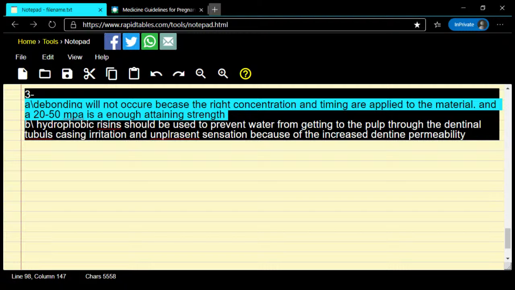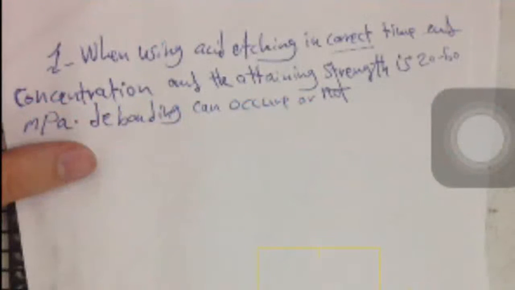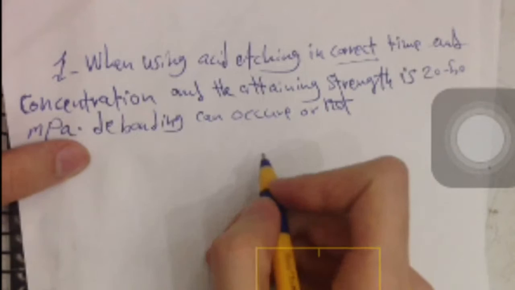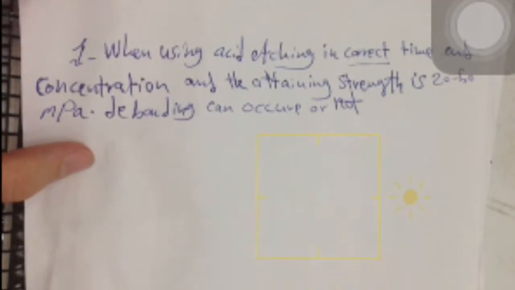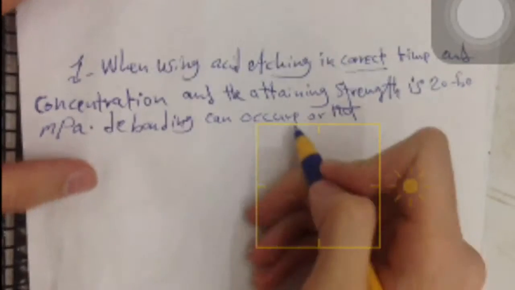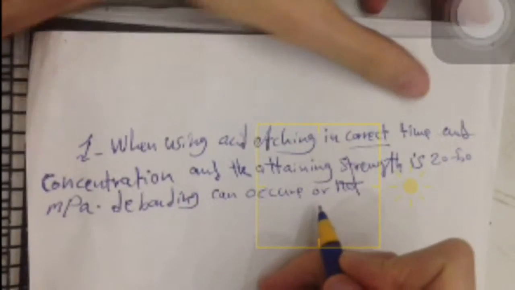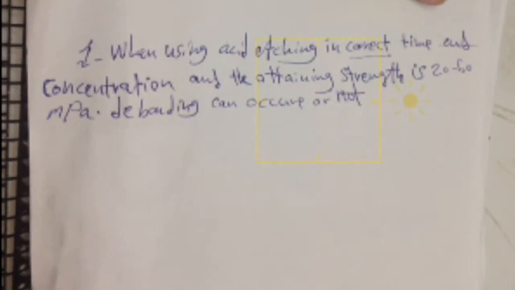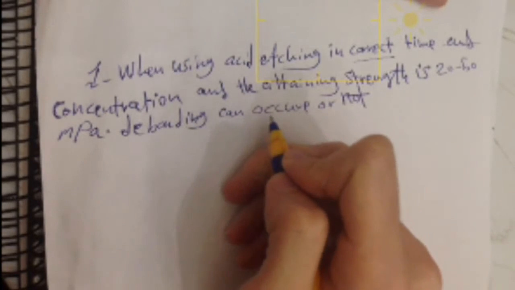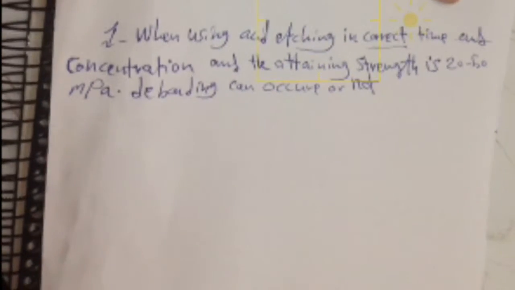Let's write it down. Let's see here. Write this down here. How can we do this? Okay. Makes sense.